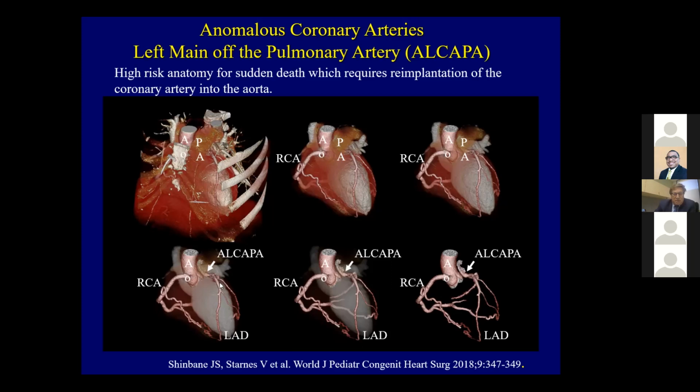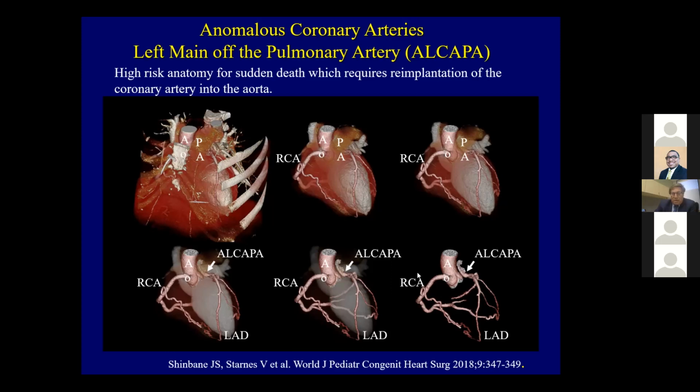This left main never hits the aorta. This is the septal wall of the main pulmonary artery. And what we see is the left circulation is coming off the pulmonary artery. The reason this patient, again, is alive is that there are collaterals from the right coronary artery that are feeding this distribution. Then we peel everything away.